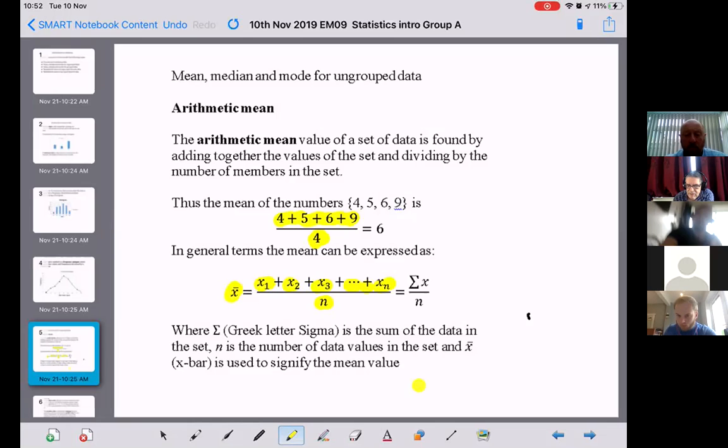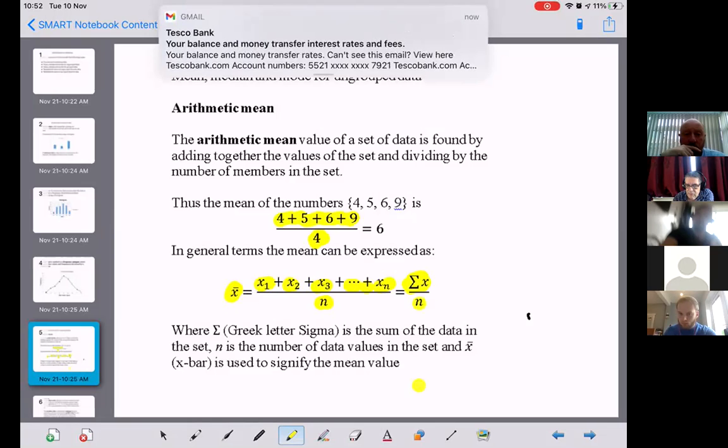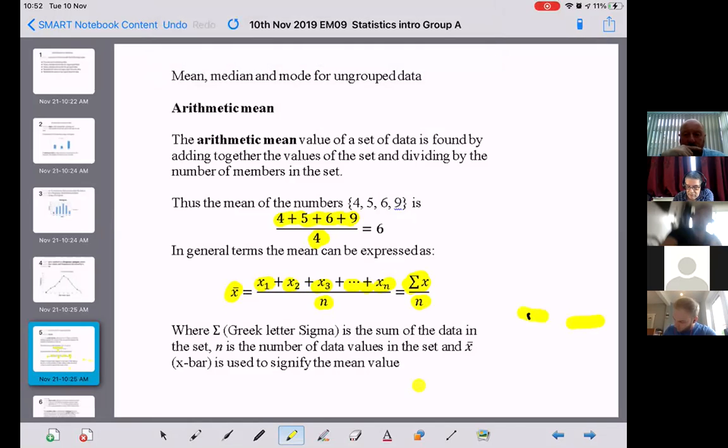So the arithmetic mean is that. Another way of writing that top line is using that Greek capital letter sigma x. That means the sum of all the x values divided by the number of values in the group. So that's simply how we find the arithmetic mean of ungrouped data.